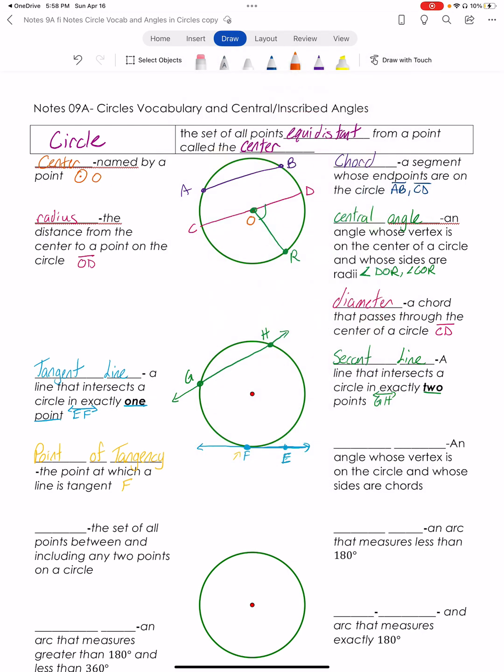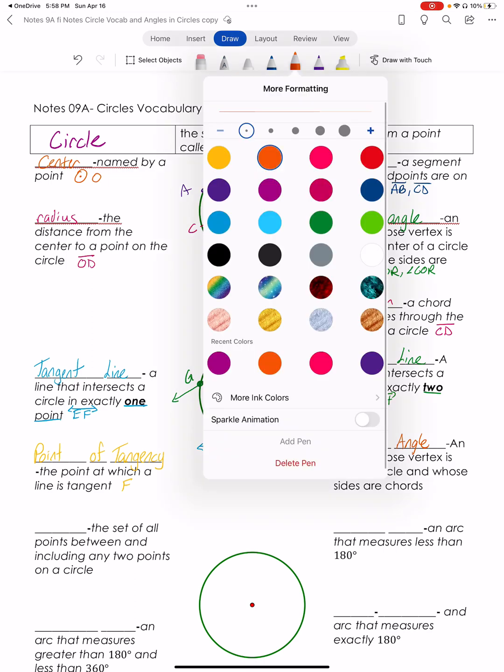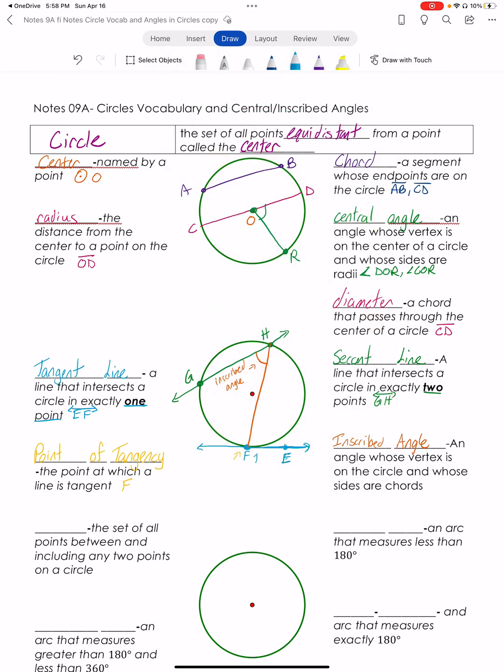Okay, we have an angle whose vertex is on the circle and whose sides are chords. Now, I don't know what you would call that. So if I go across here to F, that would be this angle right here. This is an inscribed angle. I suppose I should have labeled each of them, like this is a tangent line.